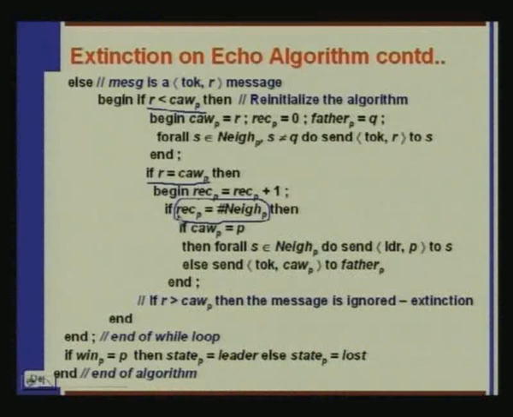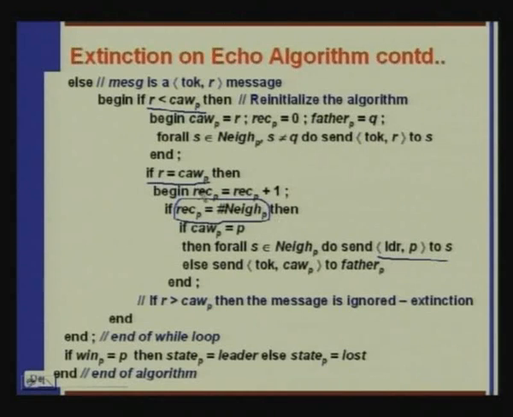When you see RECP equal to the number of neighbors of P, and you see that the currently active wave CAWP is P itself, then these two together tell the process P that its wave has terminated with success. So, P now sends out the leader P messages.